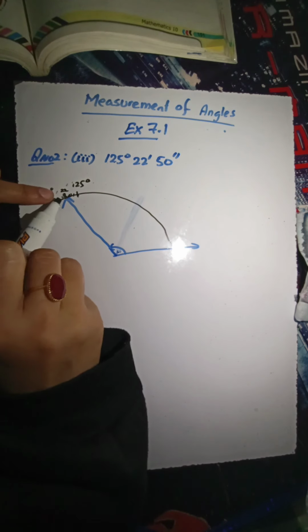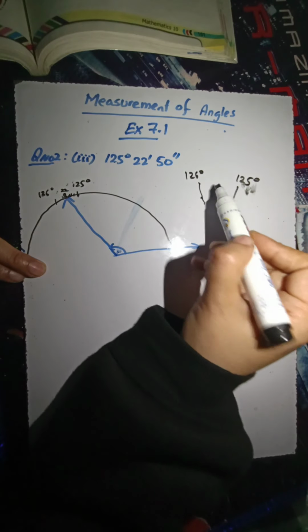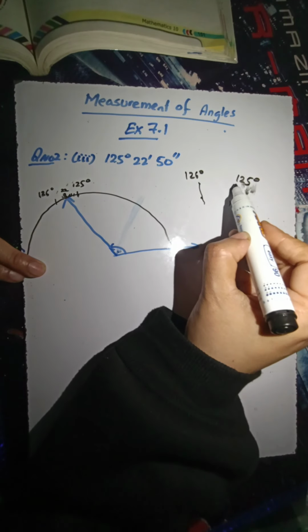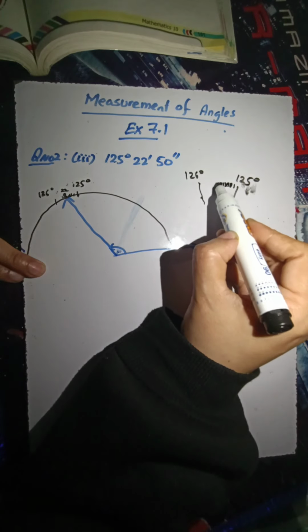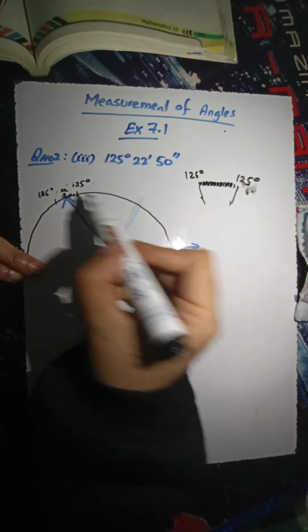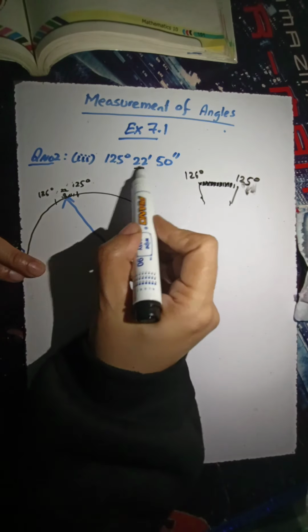It has just passed half of the next minute. If you have 125 degrees here and 126 degrees here, and you divide this whole gap into 60 divisions, then 22 minutes means it has covered 22 of these.